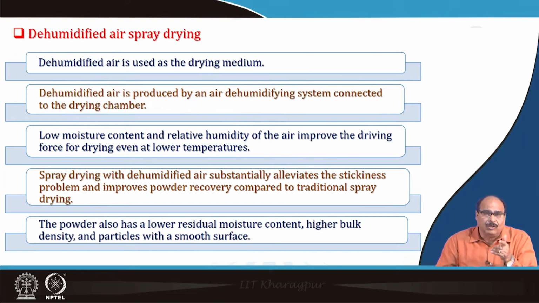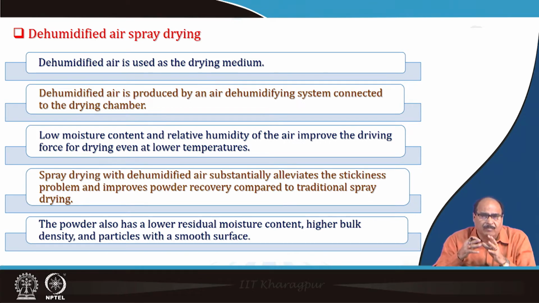Then, in dehumidified air spray drying, dehumidified air is used as the drying medium. Dehumidified air is produced by an air dehumidifying system connected to the drying chamber. The low moisture content and relative humidity of the air improve the driving force for drying even at a lower temperature, so one can get the drying at a lower temperature.